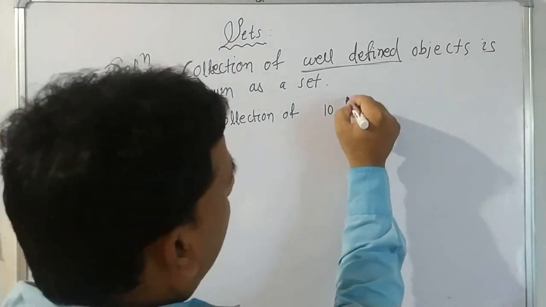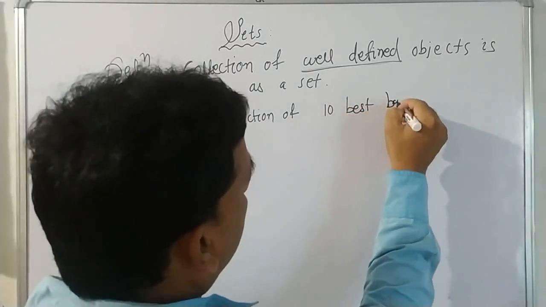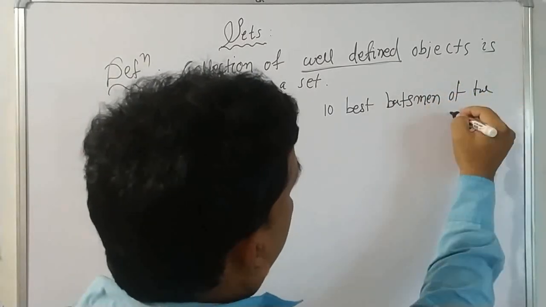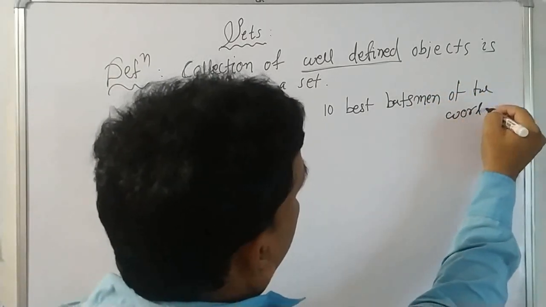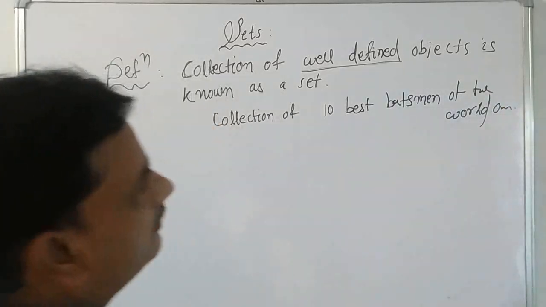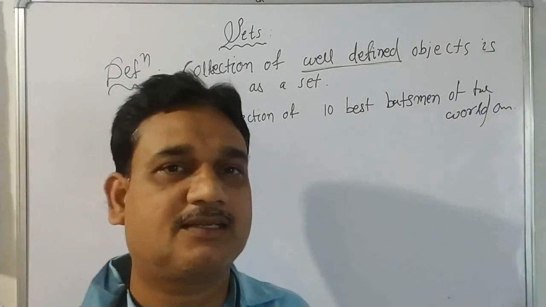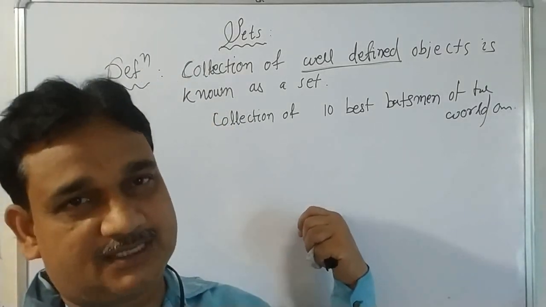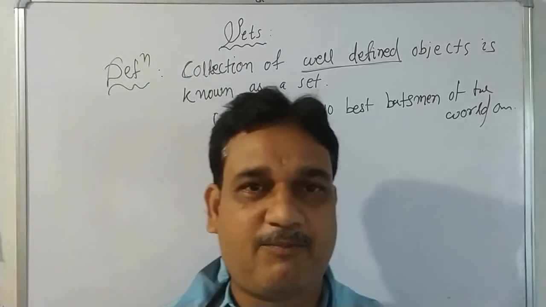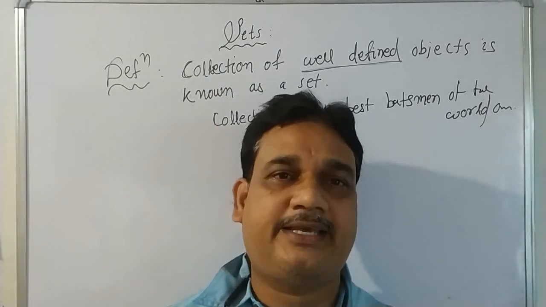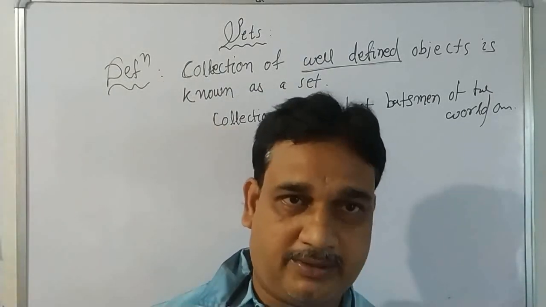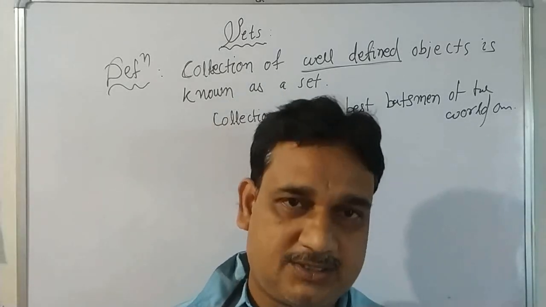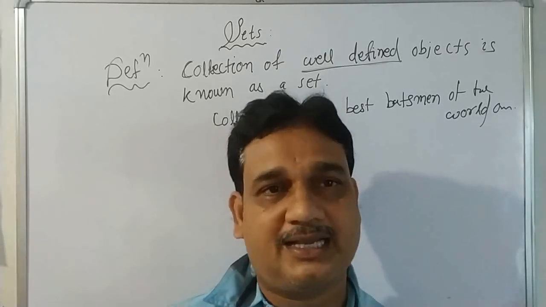Collection of 10 best batsmen of the world cricket. Here also it is not defined who is called the best batsman. For example, a batsman just played his debut match and scored a century, and after that he disappeared.